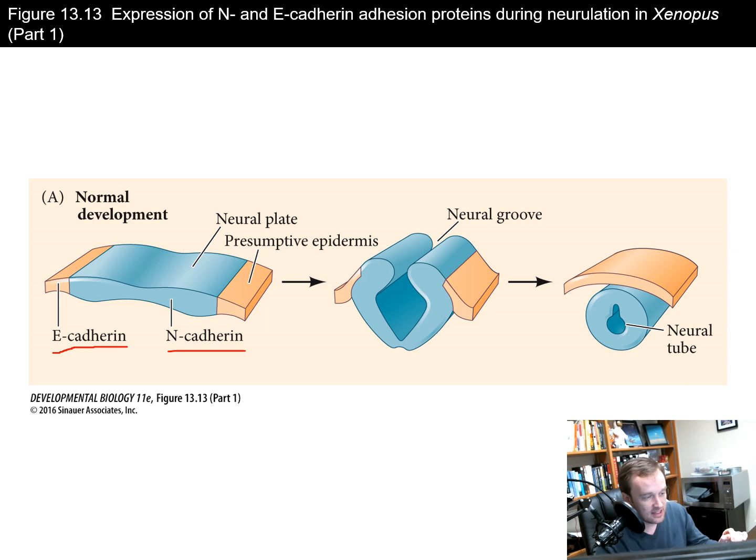And so when these tubes are pulled together in normal development, those N cadherin molecules will adhere to themselves because they have an affinity for other N cadherins, and the 2 E cadherin expressing tissues from the presumptive epidermis here will come into contact and adhere to one another. And so we have like attract to like, and then like attract to like in terms of the presumptive epidermis here.